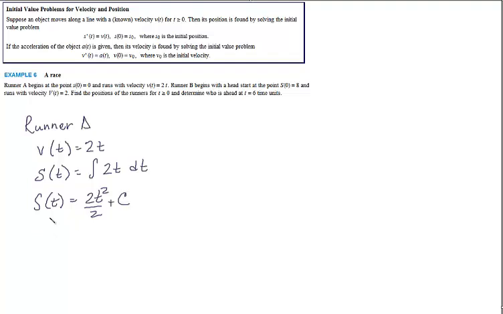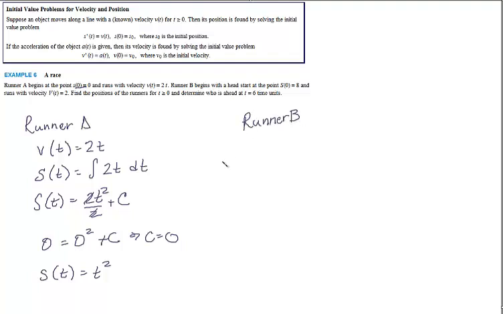Well, I know that he has an initial position at 0, 0, so I can get what that value is. So when t is 0, s is 0, so 0 equals 0 squared plus c, so my constant is 0. That means that my s of t for runner A is just a plain old t squared. Runner B.